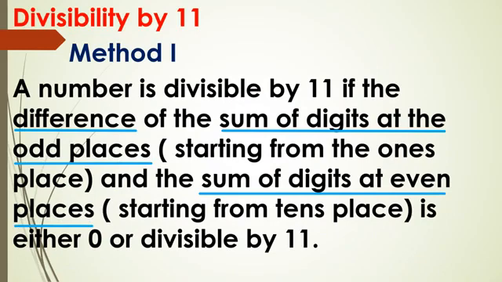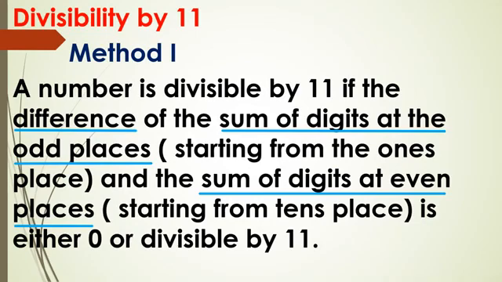A number is divisible by 11 if the difference of sum of digits at odd places and even places. Places you know, ones, tens, 100, 1000. These are the places.